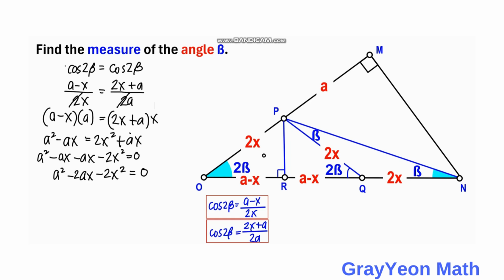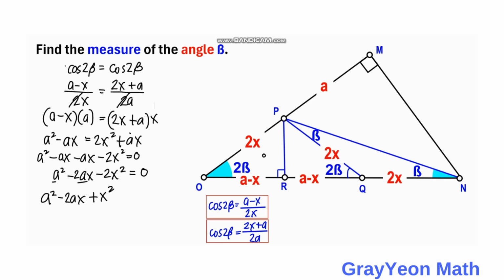Next we see that this can be made a perfect square. We have minus 2ax, so to make a perfect square of the first two terms, a squared minus 2ax, we need to add plus x squared.